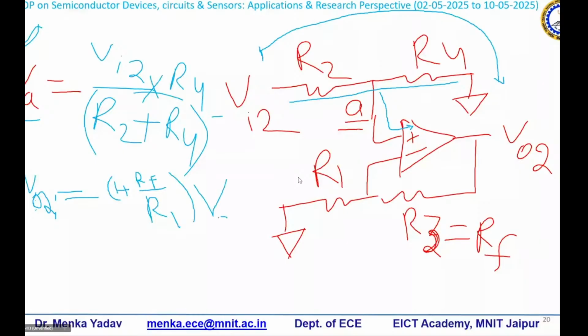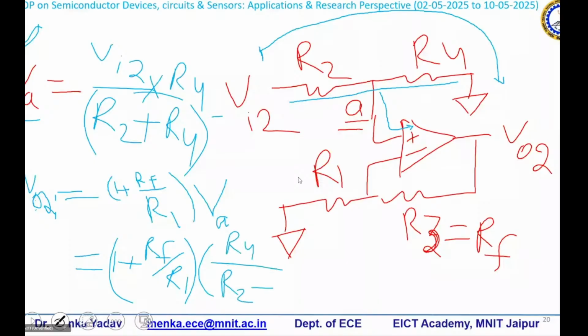So with the help of this, what is my output? Because of V2, I am having the output 1 plus RF upon R1 into VA. So VA can be written as R4 upon R2 plus R4 into V2.